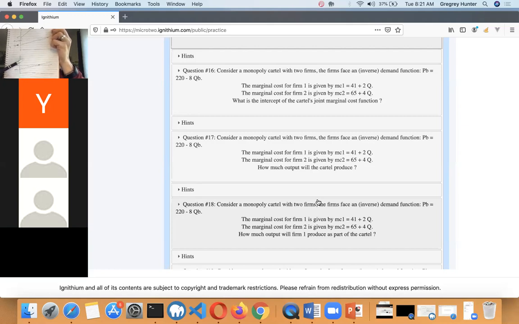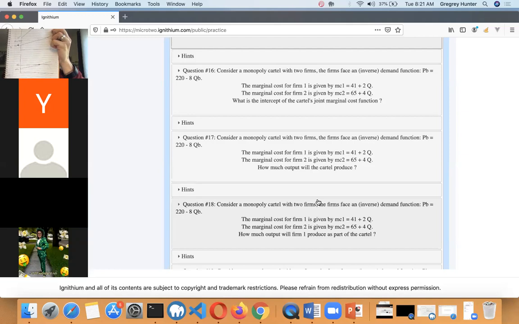There's one where it just produces at the low cost facility, and there's another type where it produces at both of the facilities. And you won't know which type of equilibrium you have unless you compute the intersection with both of them and then just pick the higher quantity. Does that make sense?